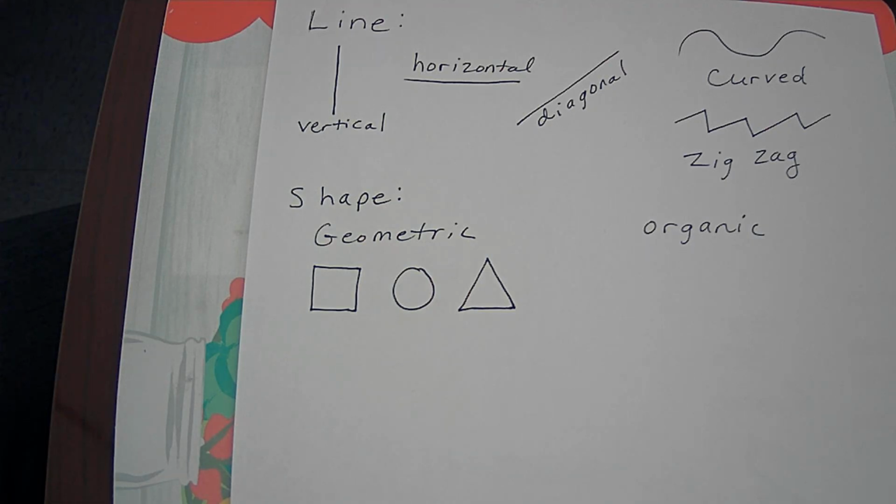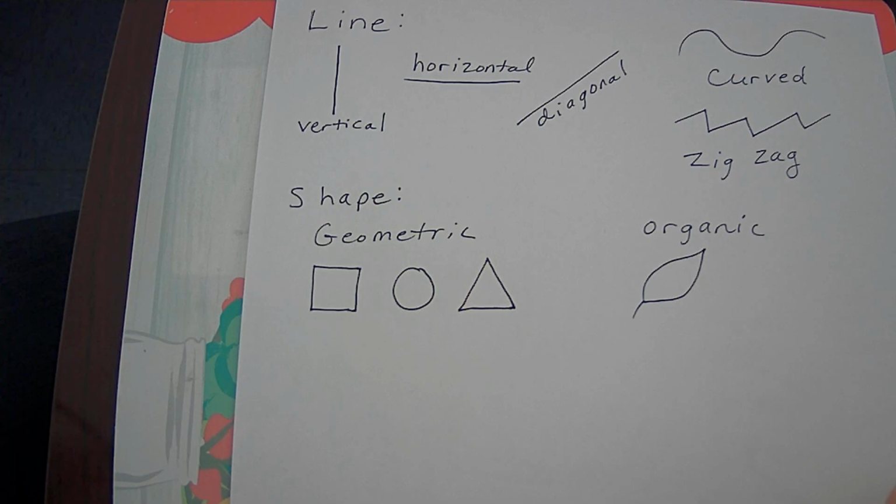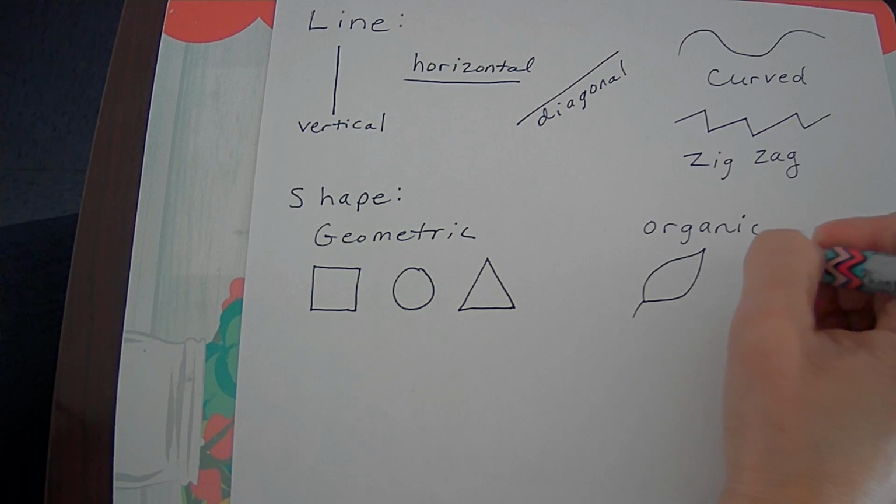So I can have shapes that represent things in nature, and you might be able to name them, but there's a lot of different versions of them. So this could be the shape of a leaf, but think about leaves. Could I not draw 100 different shapes and still have it be a leaf? I could. There are that many variety of trees and bushes and flowers, right? Another organic shape might be a cloud.